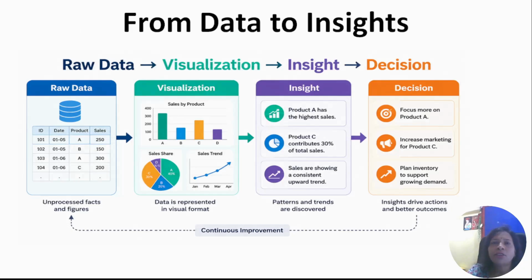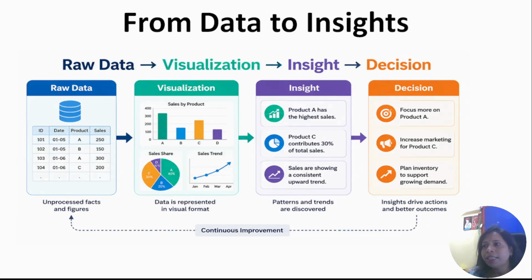So if I talk about data to insight, let's understand the journey from data to decisions. Everything starts with raw data, which is collected from different sources such as databases, surveys, websites, sensors, and business transactions. The next step is visualization. In visualization we use charts, dashboards, or other visual techniques to convert raw data into meaningful visuals.